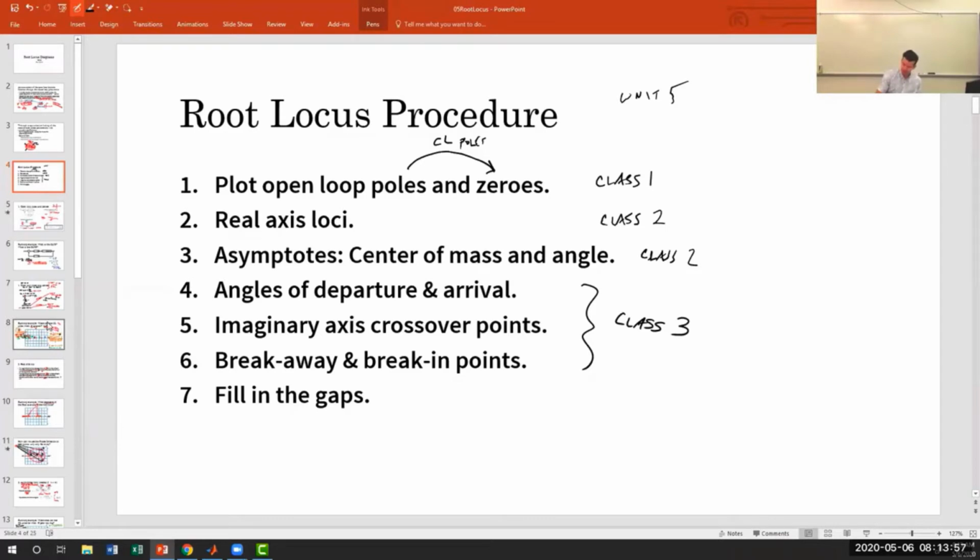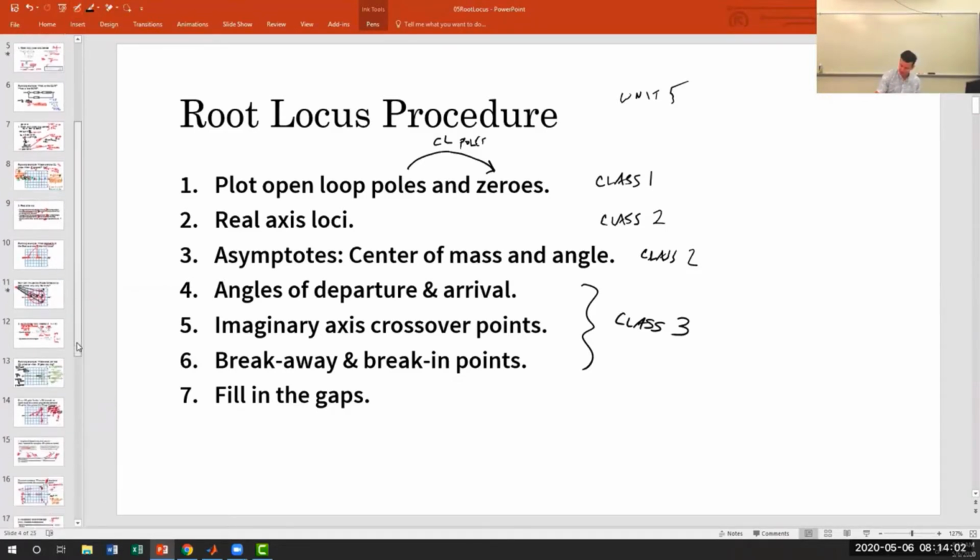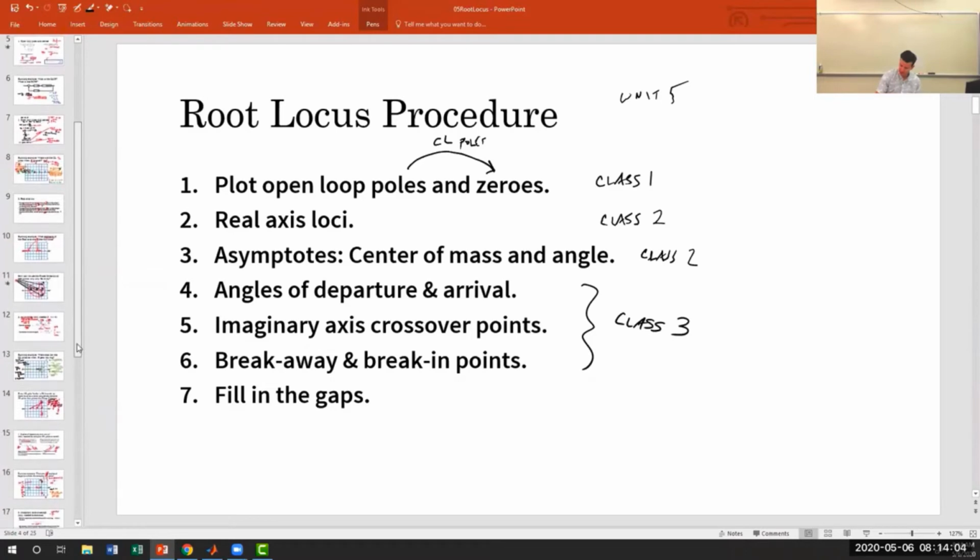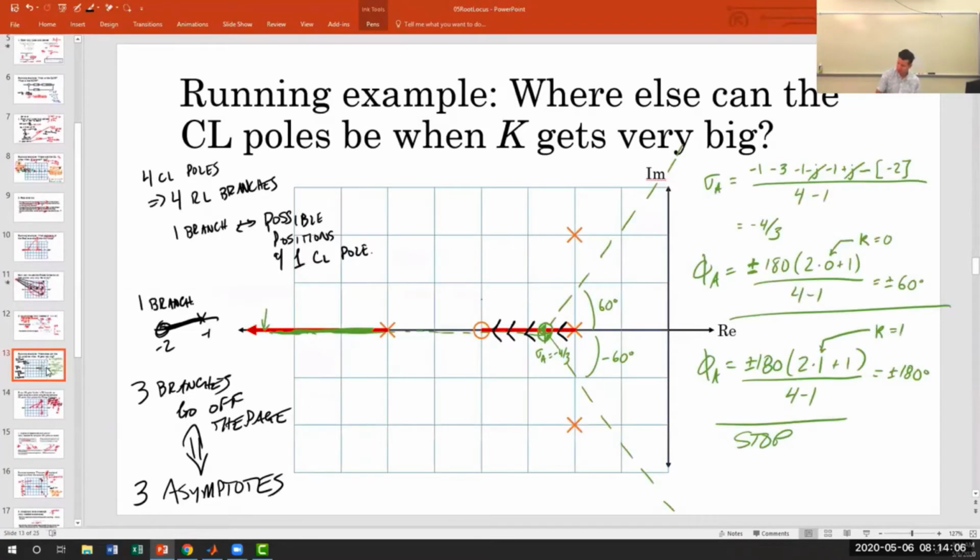Sure. So let's go to that slide. Let's see if I can find it. There we go, that slide. So an asymptote, regardless of what angle it lies at, tells you the behavior of a closed loop pole as k gets very large.